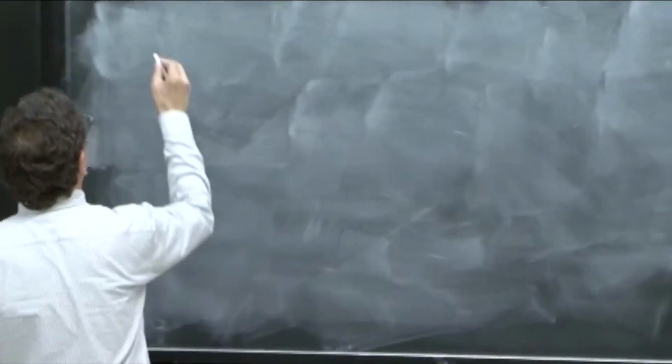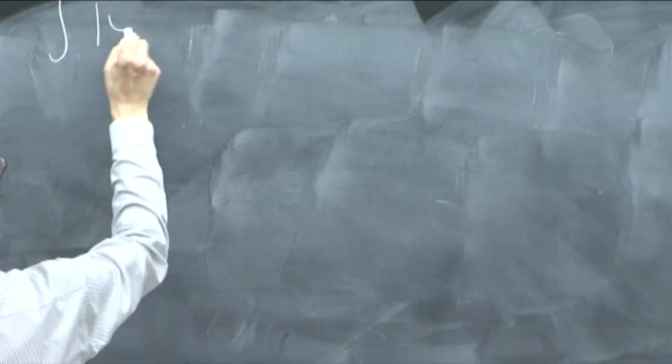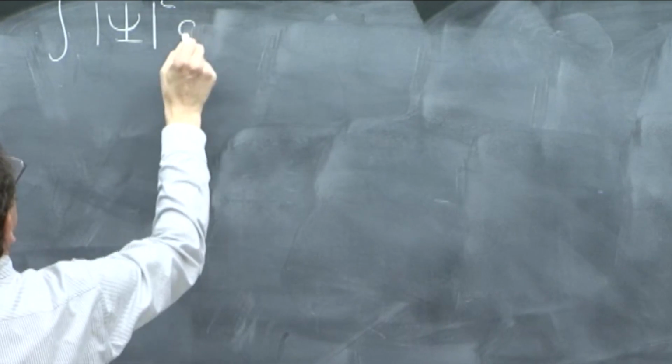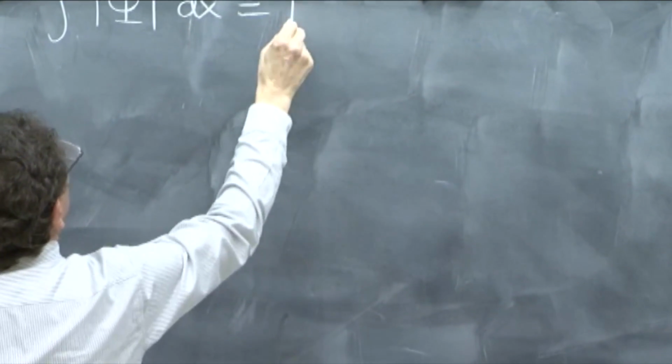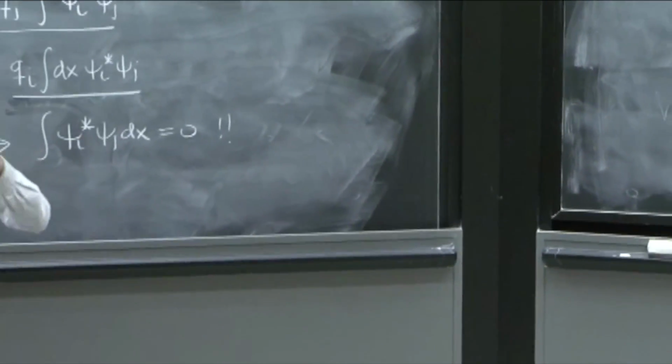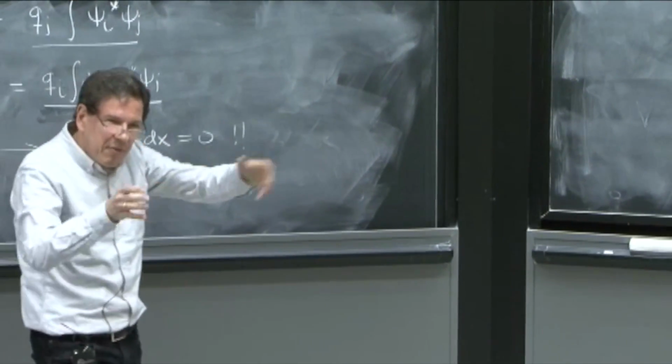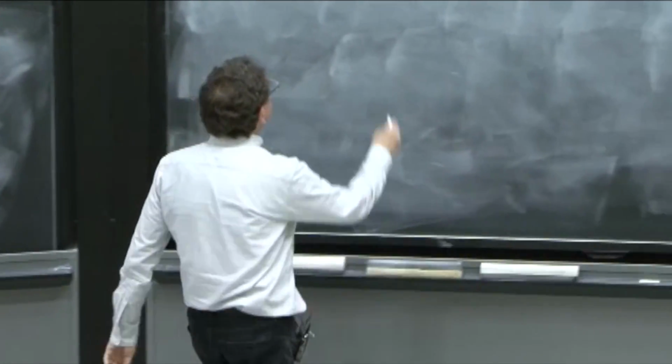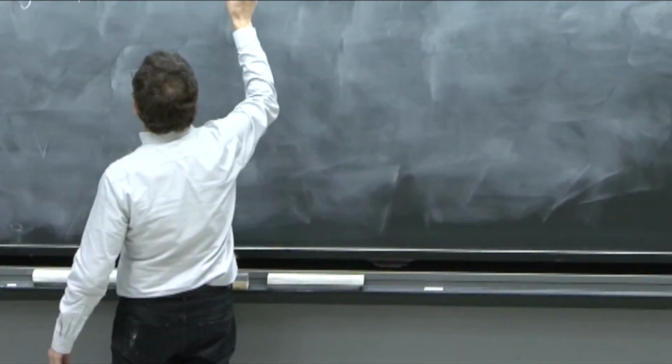The other thing that you can check is, if the wave function squared dx is equal to 1, what does it imply for the alpha i's? The wave function is normalized, but it's now a function of alpha 1, alpha 2, alpha 3, alpha 4, all these things. So I must calculate this, and let's do it quickly.